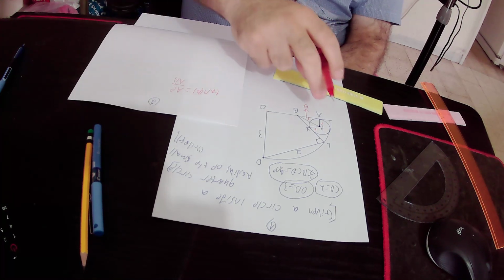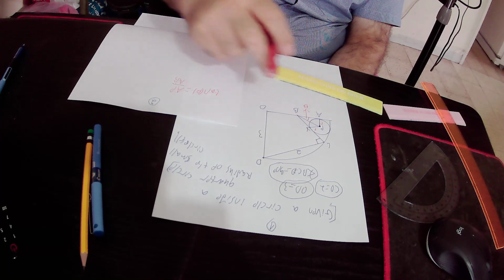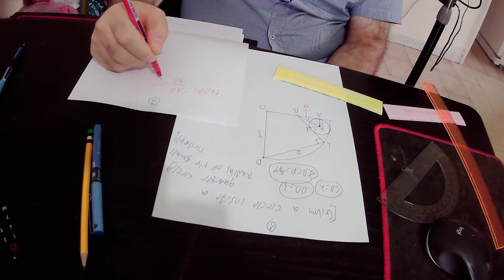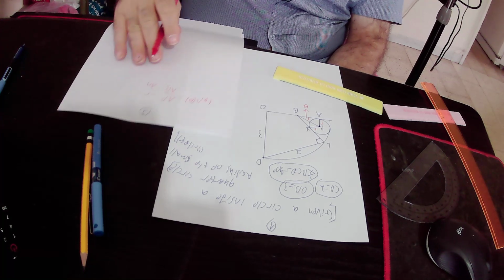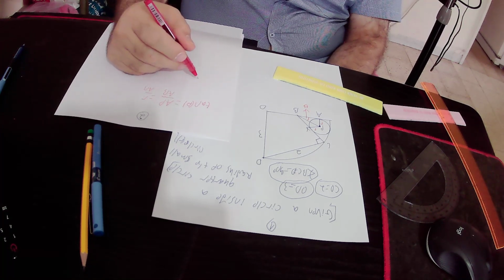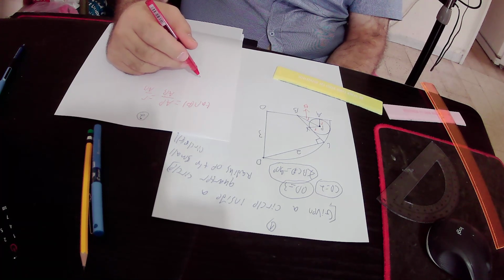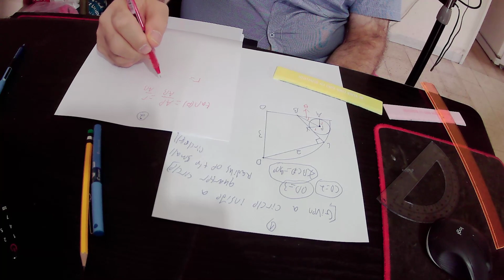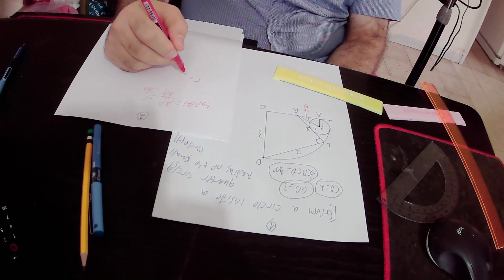But we know that AP equals r, the radius of the small circle, so it is r over AB. So actually the radius of the small circle that we are looking for equals AB times tangent theta.